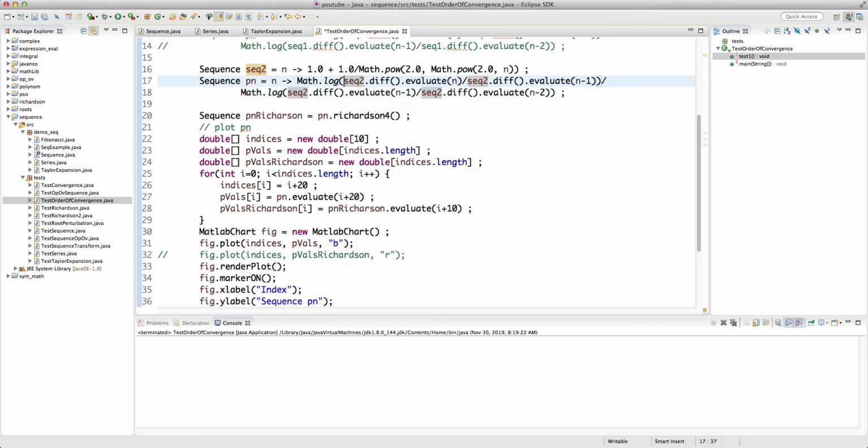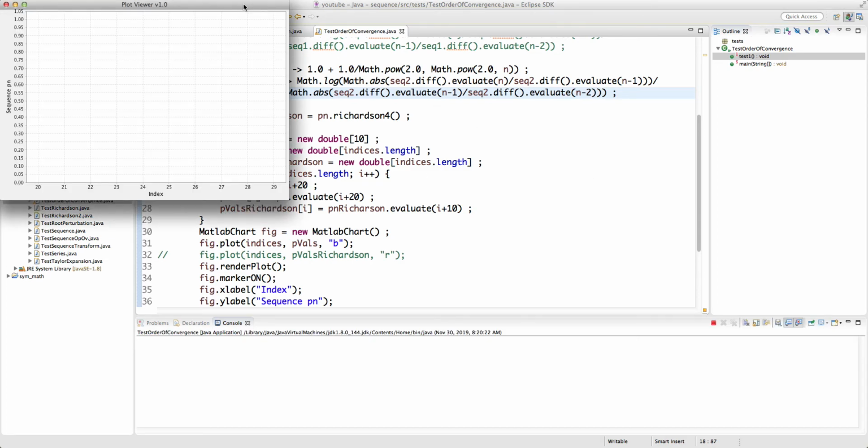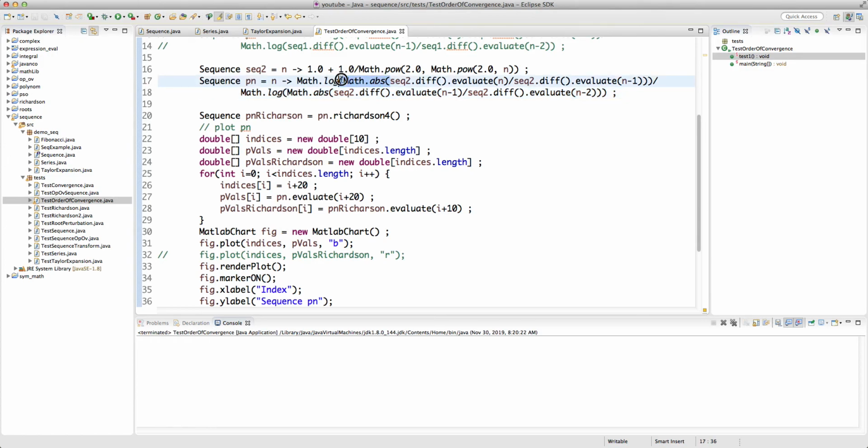We can add an ABS of this and try to see if that works. No, it still doesn't work. But eventually this should give us a factor of 2.